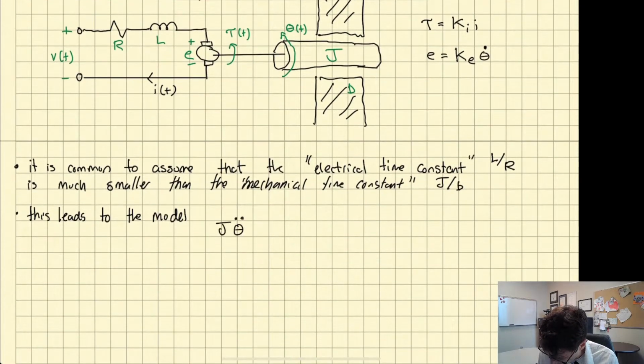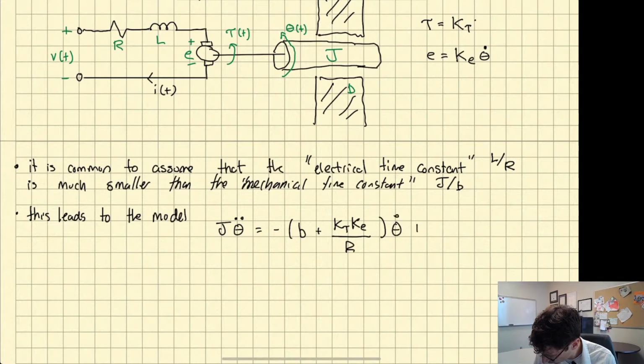J times theta double dot, so inertia times angular acceleration, equals, sorry, I wanted to use K tau here, not Ki, K tau K e over R times theta dot plus K tau over R times V, the applied voltage.